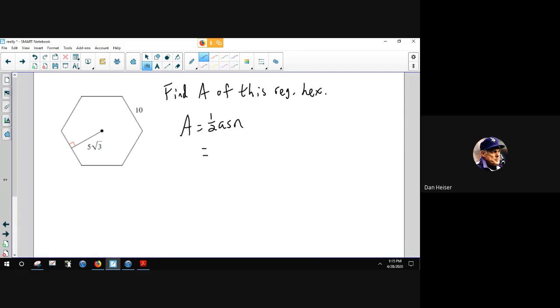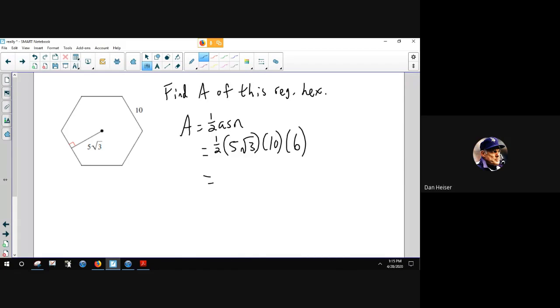So let's see what we need. We have a half. We need A. A is 5 square root of 3. We need S. We have S. We need N. We have N. So we don't really need our special rules. At least not yet.